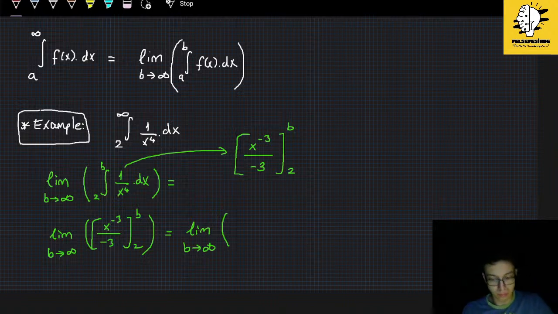It is 1 over b, we have minus 1, by the way, to the power of cube 3, and we also have 3, minus 1 to the power, we are putting 2, 2 cube.